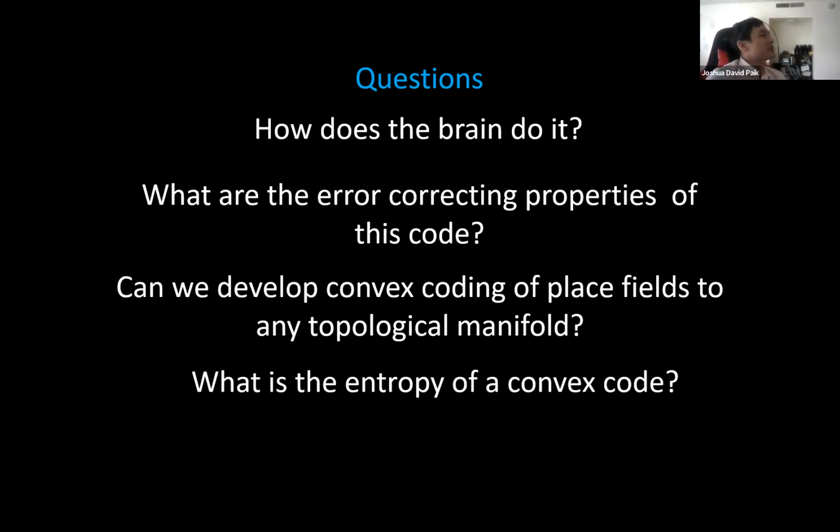Maybe we're interested in this idealized version I made, where the boundaries of each place field are very well defined. But what if we define place fields probabilistically? Maybe we associate a measure to every single neuron.